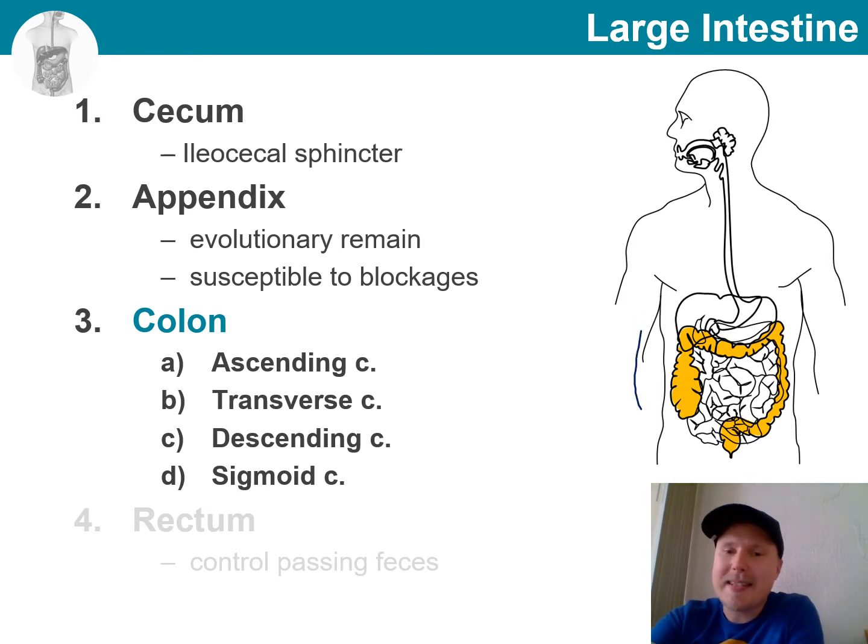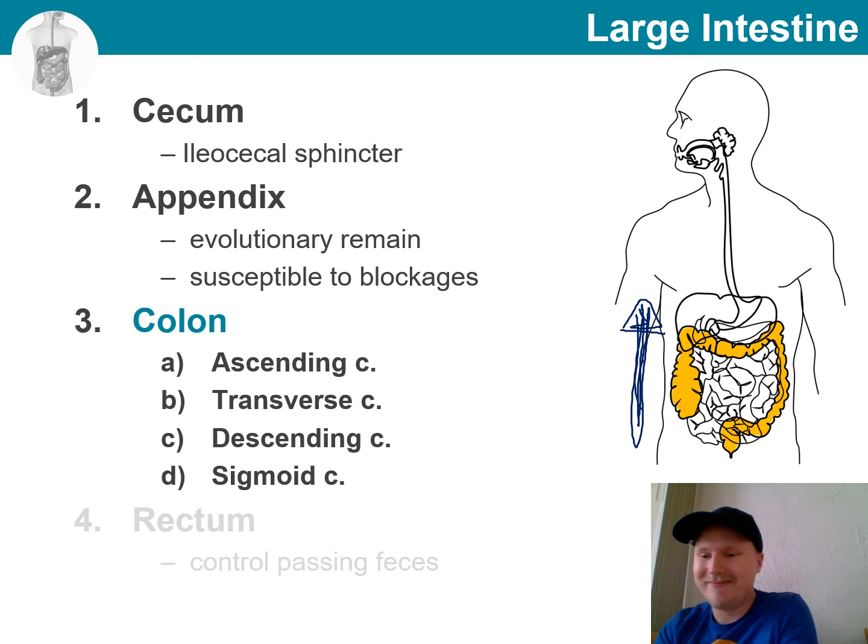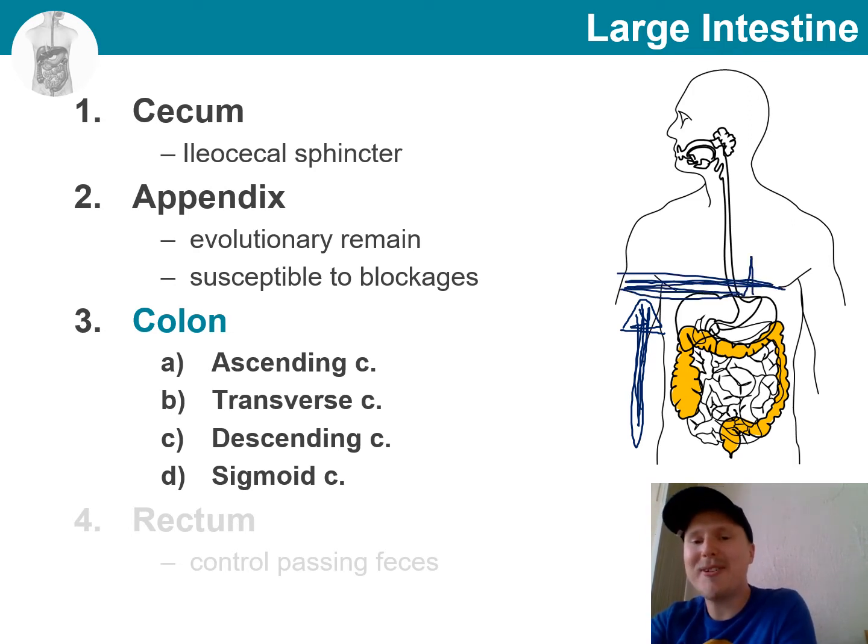First, the ascending colon, which climbs on the right side. And this runs from the inferior abdominal cavity to the superior right. Then, running superiorly from the right to the left side, the transverse colon.